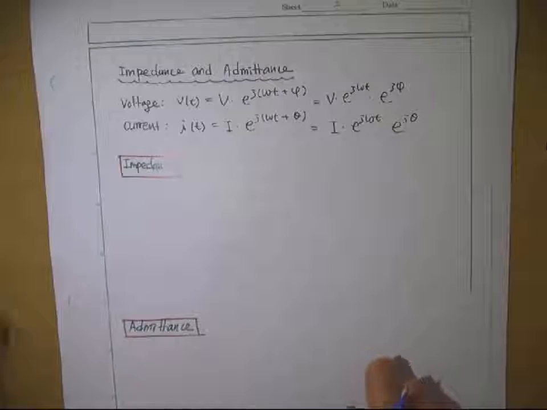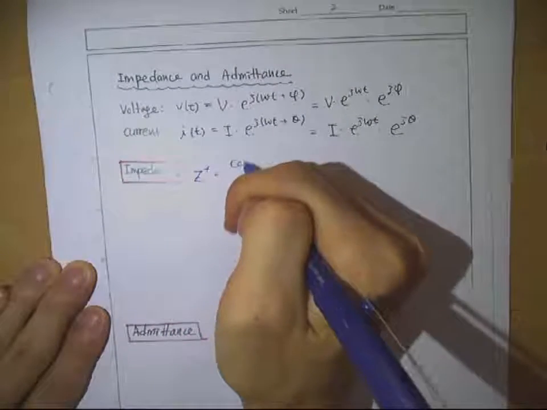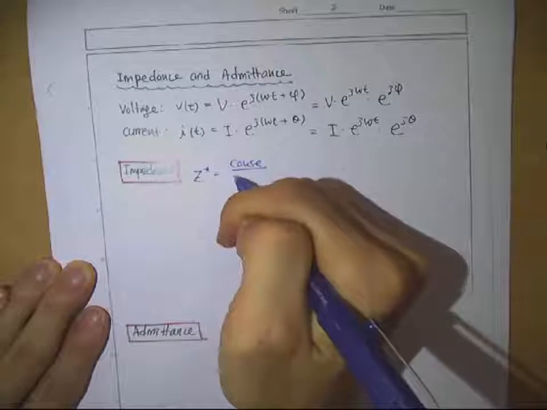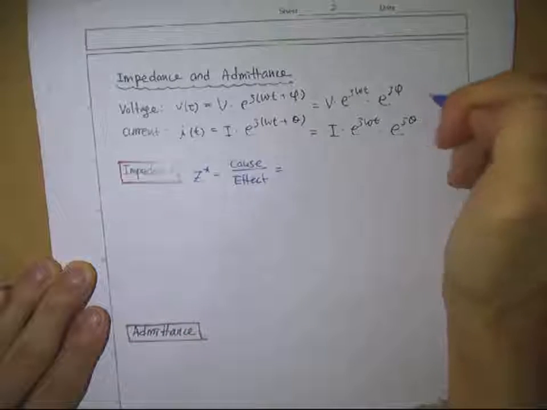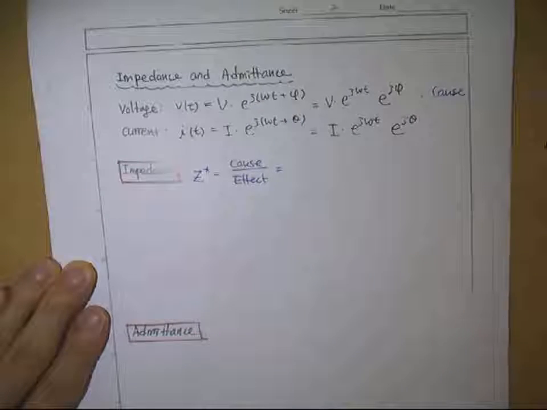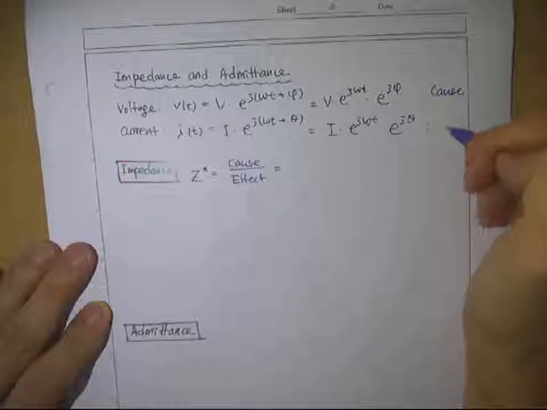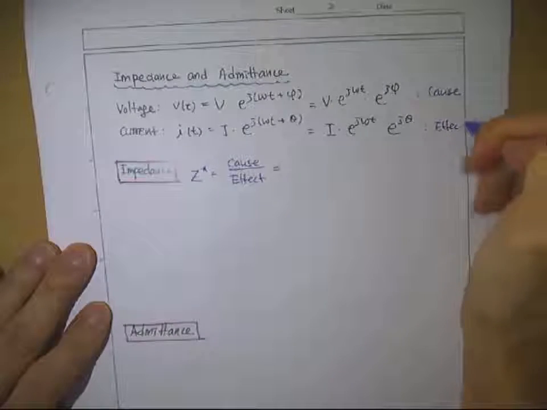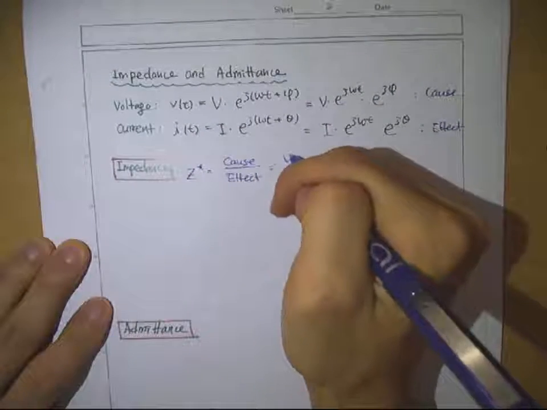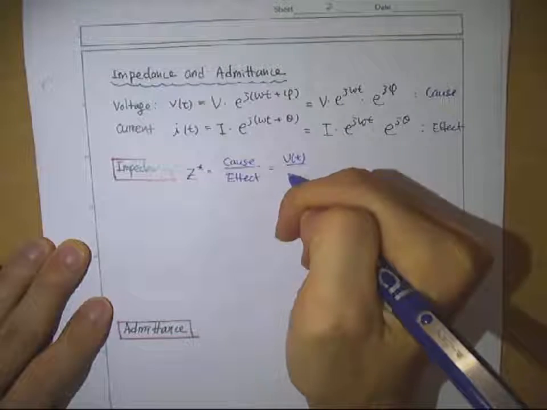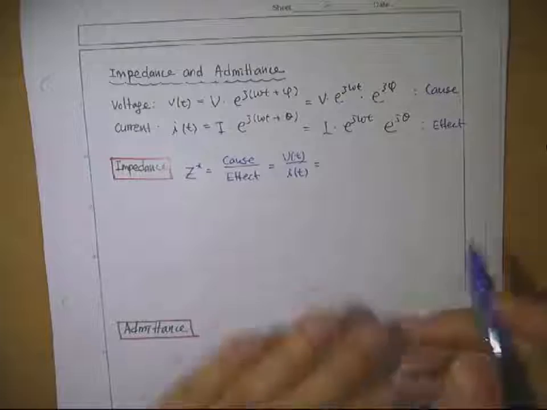And what's the definition of the impedance? The definition of the impedance is the cause over effect. So this is the cause, right? The voltage is the cause, and the current is the result. So this is the effect. So then V(t) over I(t), what do you get?